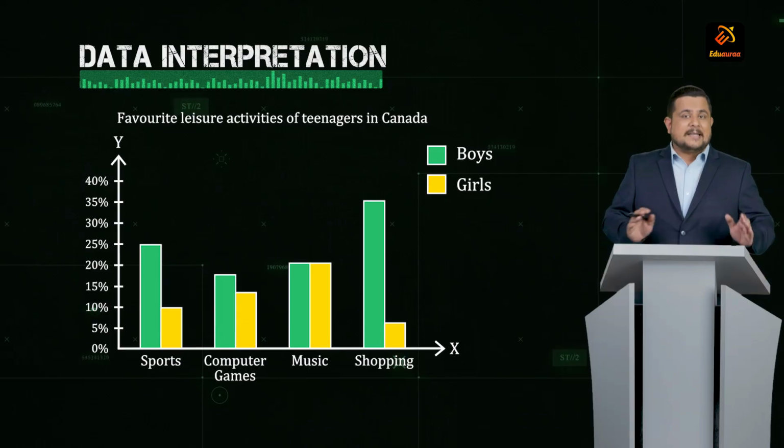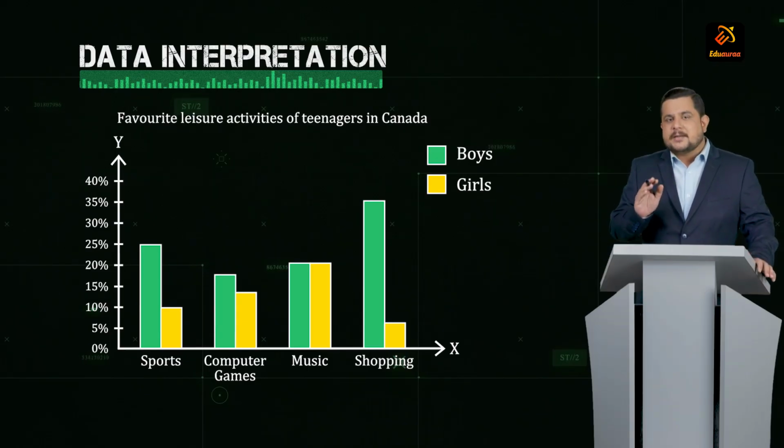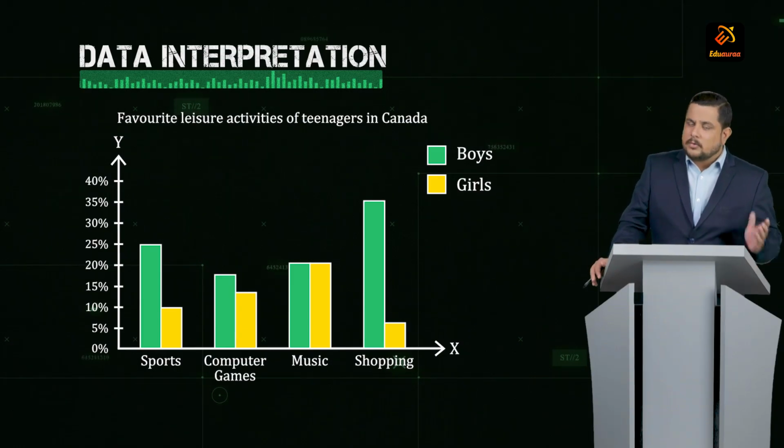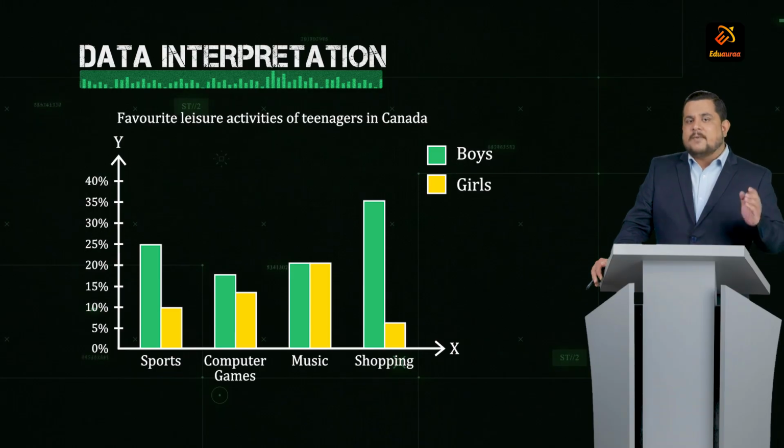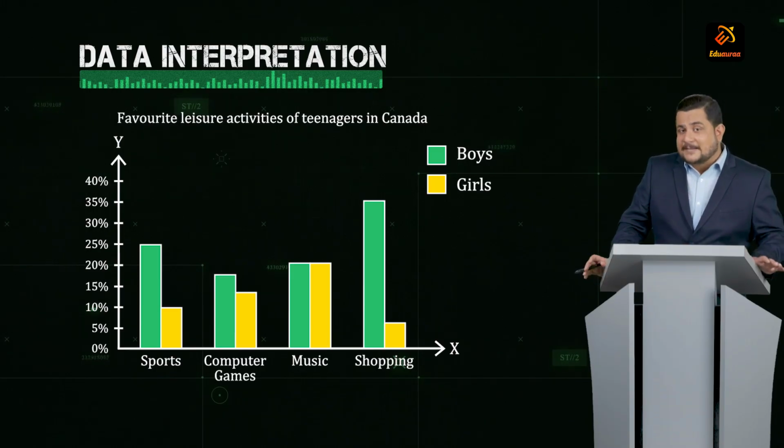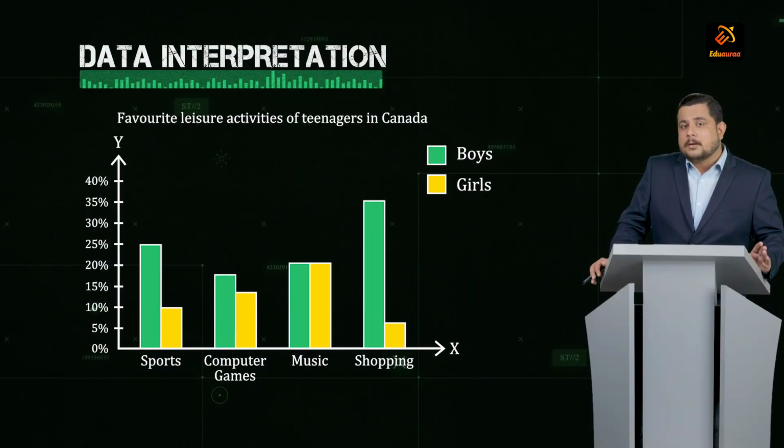Now, data, as I told you, is represented as horizontal or vertical bars. In this section, one of the parameters is plotted on the y-axis, while the other is plotted on the x-axis. We must first comprehend the material provided before responding to the questions.